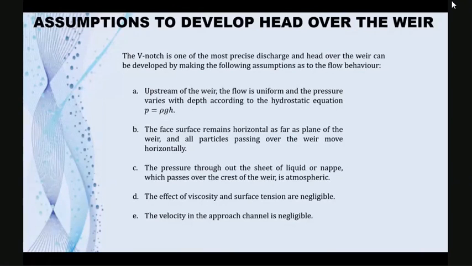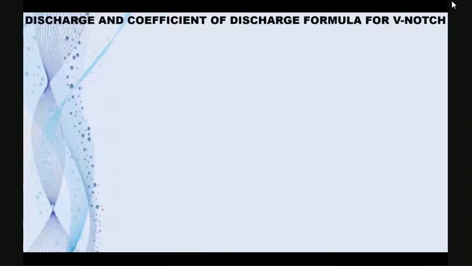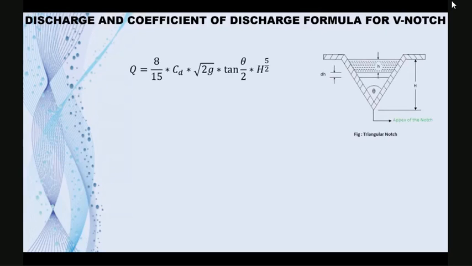Now, I'll be handing over the presentation to Amit. Thank you, Anchit. Now, myself, Amit Kumar. After knowing some details about the notches that my friend just discussed, we can determine discharge, which is Q, using the formula 8/15 × Cd × √(2g) × tan(θ/2) × H^(5/2).